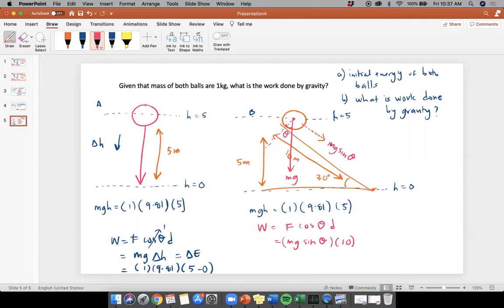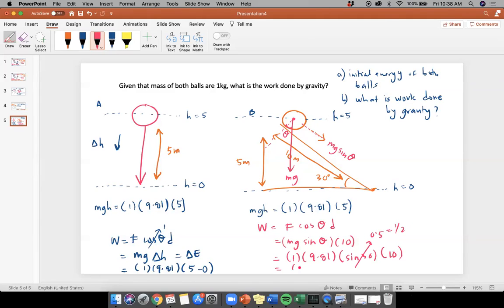So now they are both in parallel. Mg sine theta is parallel with 10. So now I can calculate for work. Work always wants to be parallel. So m is 1, g is 9.8, sine 30 is 0.5, and the displacement is 10. 0.5 times 10 is 5. 0.5 is 1 over 2, so you just divide 10 by 2.